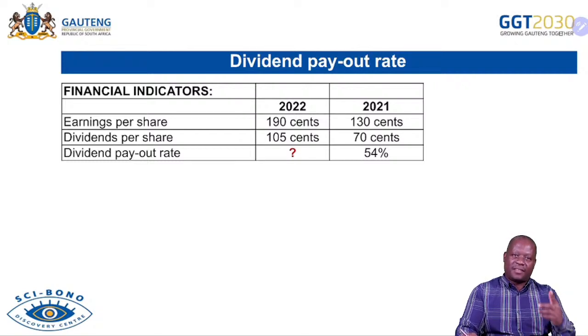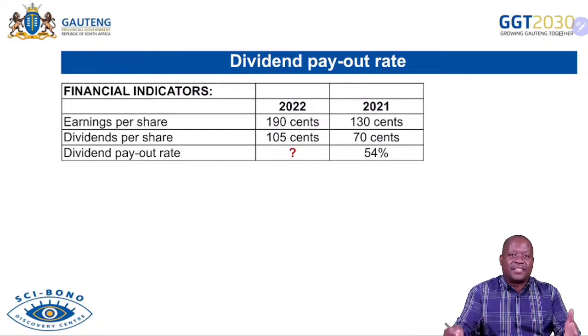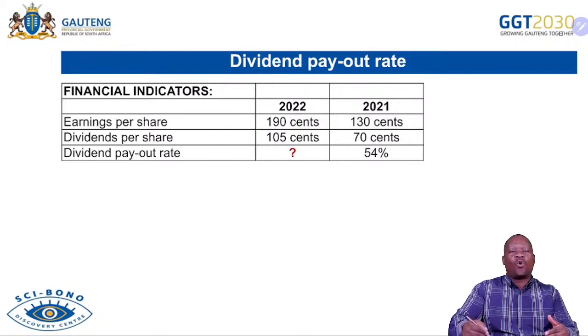Okay, think about it because we are definitely going to look into it. But sometimes we can also have a business which can decide to give only 20% to the shareholders as dividends. What does that mean? It means the business is going to retain the 80% that remains.